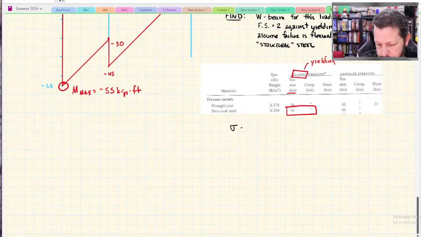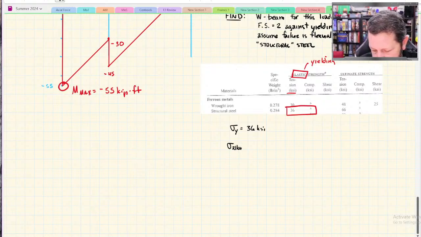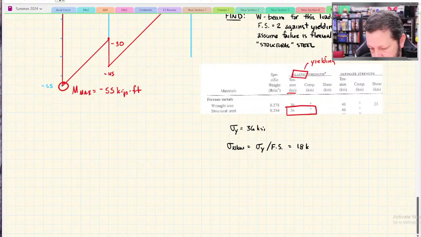So sigma is sigma y, 36 KSI, but we want a factor of safety of 2, so we're only going to allow, well, let's write it out in equation, sigma y divided by our factor of safety. So 18 KSI.